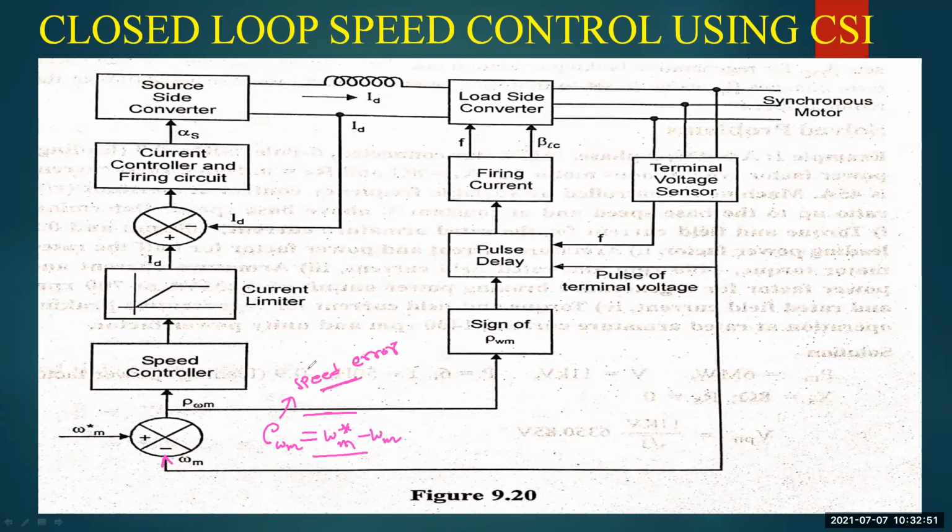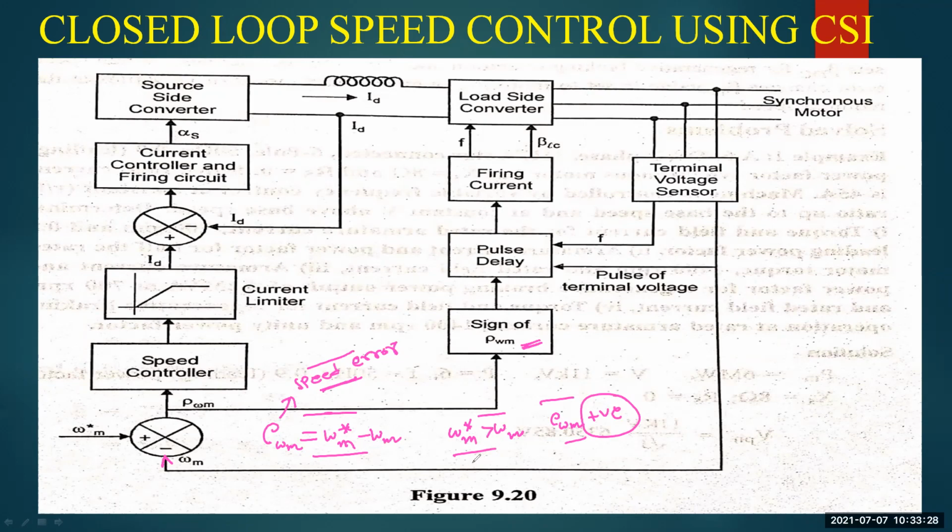This speed error is positive or negative, and it is displayed by the sign of speed error block. If the reference speed omega m star is greater than the actual speed omega m, the speed error becomes positive.